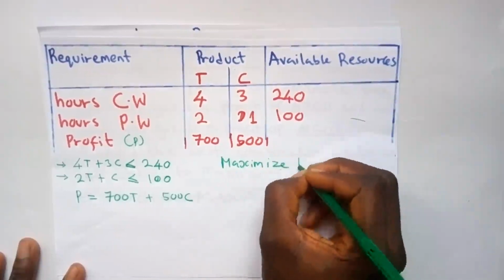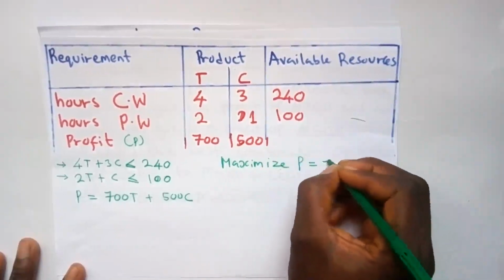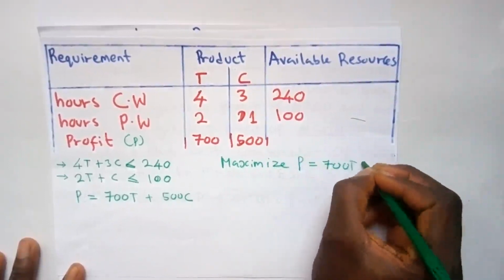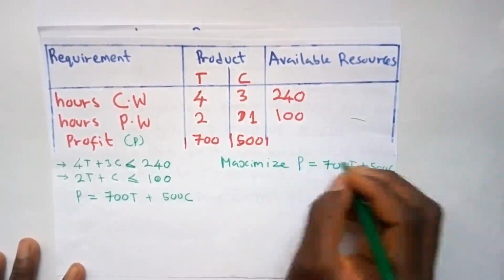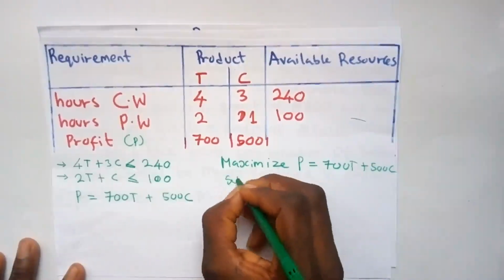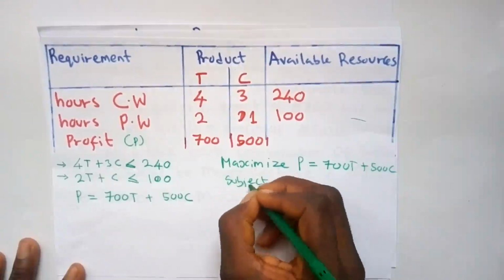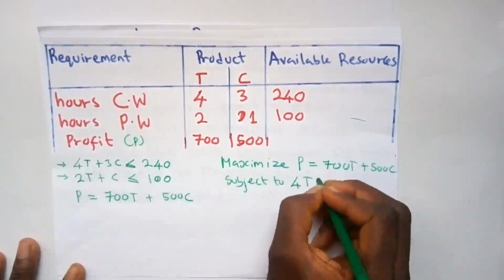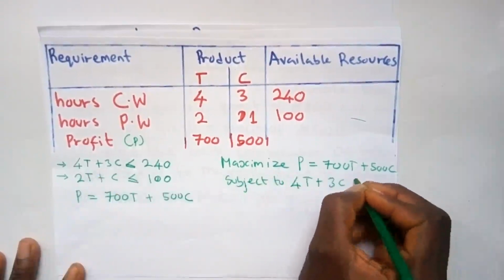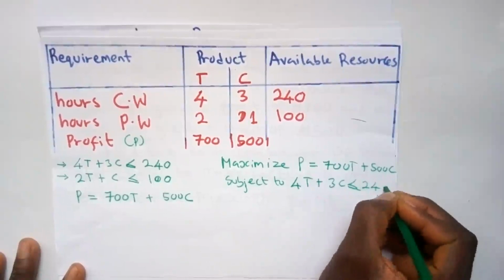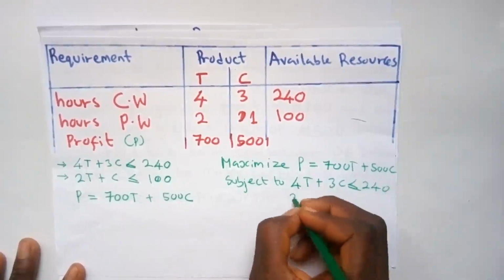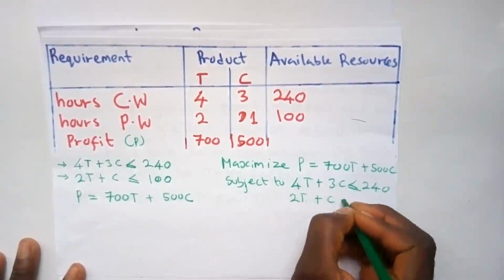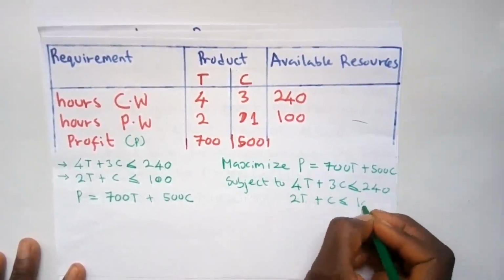Maximize P, which is the profit, is equal to 700T plus 500C, subject to the first constraint, 4t plus 3c is less or equal to 240, and the second constraint, 2t plus c is less or equal to 100.